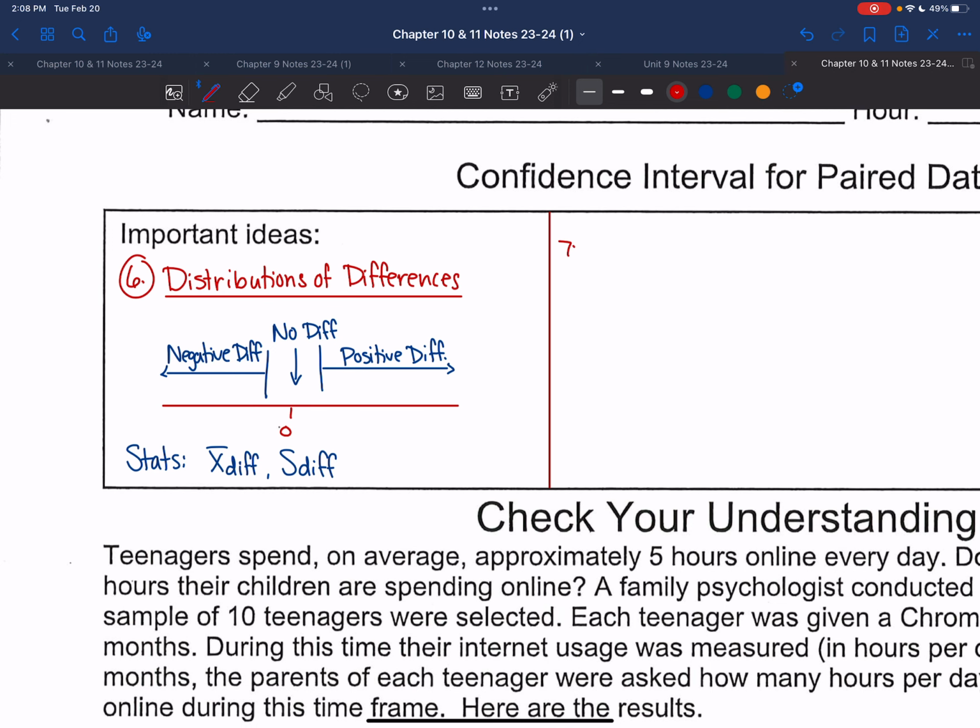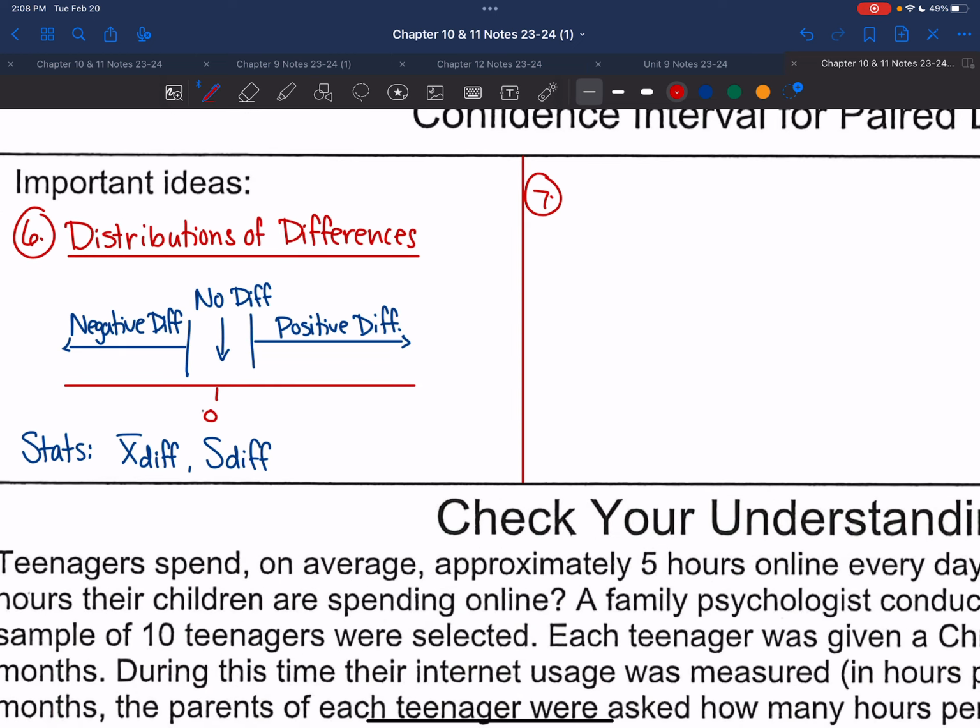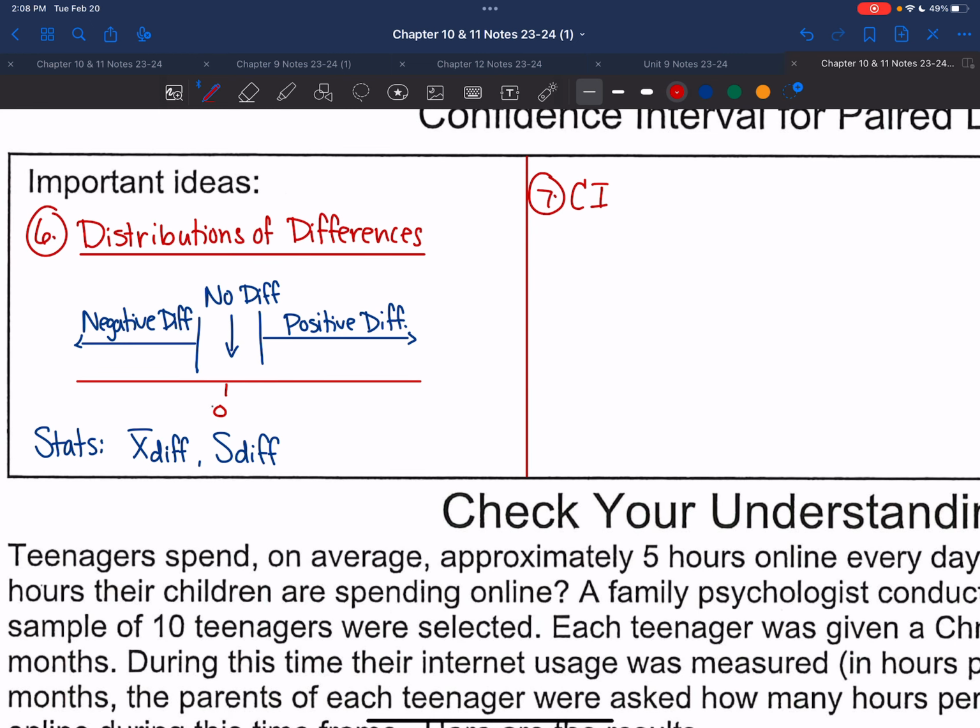Number 7. You've got confidence interval for paired data, okay? So confidence interval for paired data.